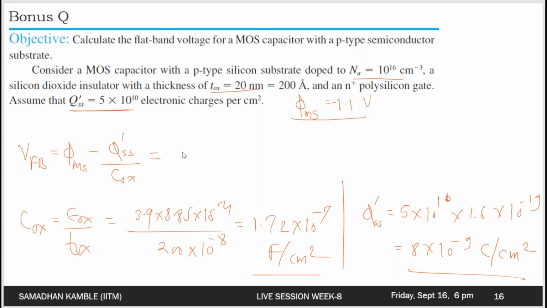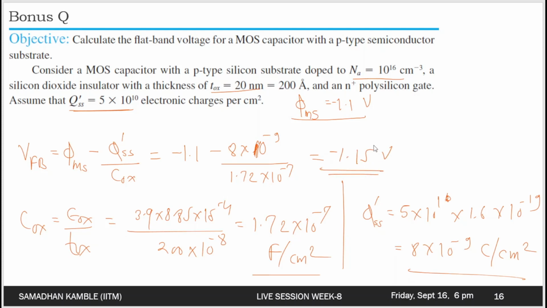So let us substitute here and we'll get the value of VFB as simply minus 1.15 volt.